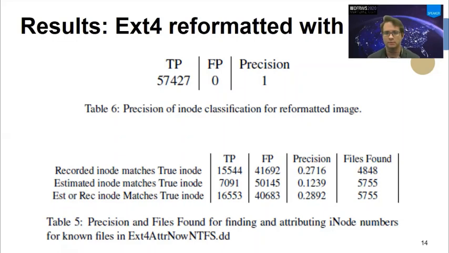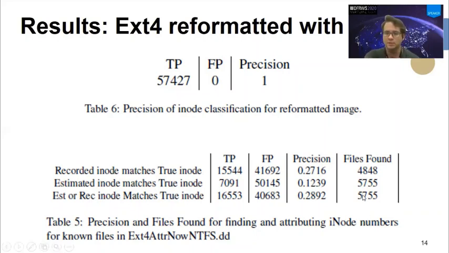It's a bit confusing, but we couldn't be certain that we missed files due to errors in our method versus missing files because they were simply overwritten. That's why we just have files found.